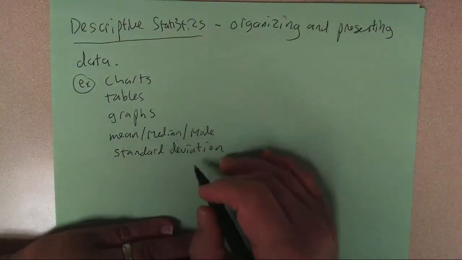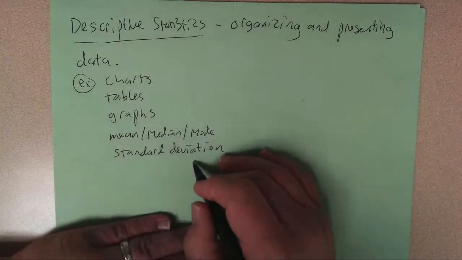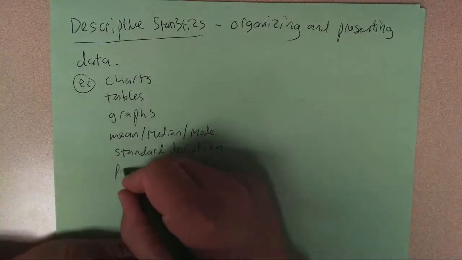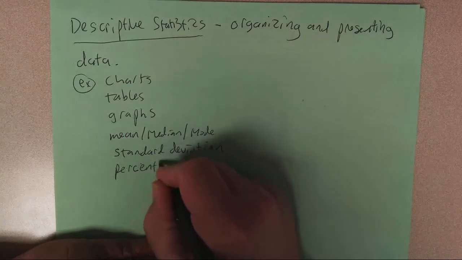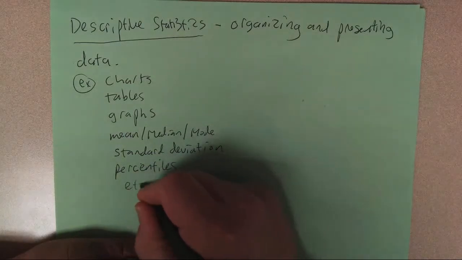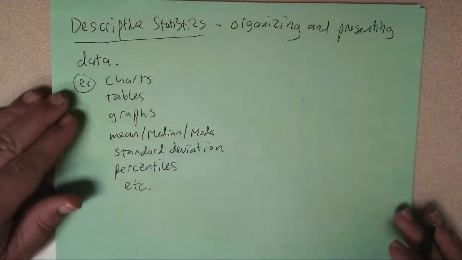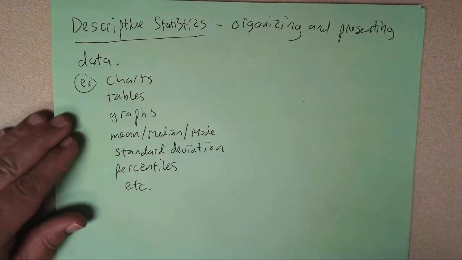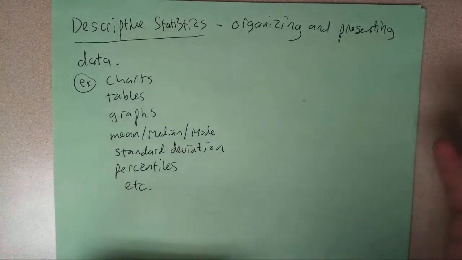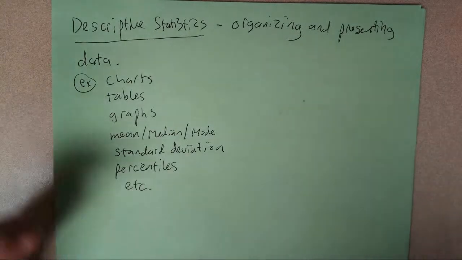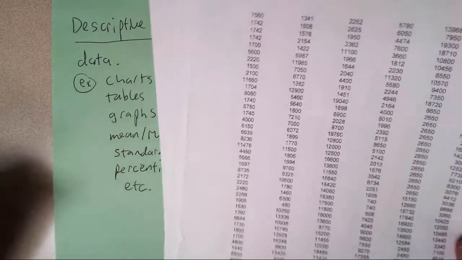We're going to learn about a lot of these things as we go on here. There's things called percentiles, and then I'll just say etc. And so the point here is these are all techniques that you use to organize the data or to present it in some way so someone can kind of wrap their mind around the data.